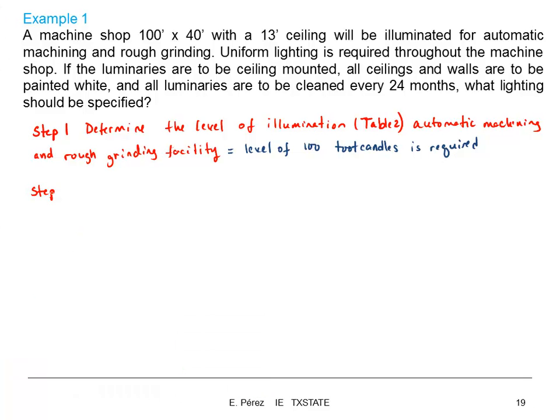Step 2, determine the room cavity ratio. So this is going to consider the space between the lamp and the surface for the working area.